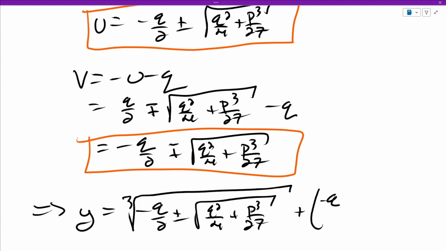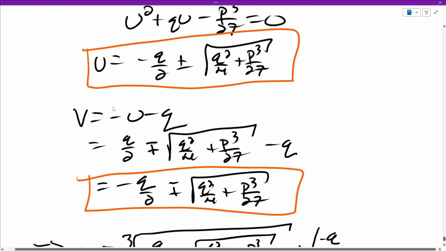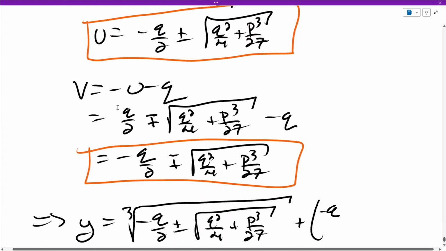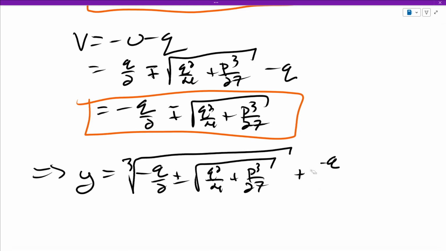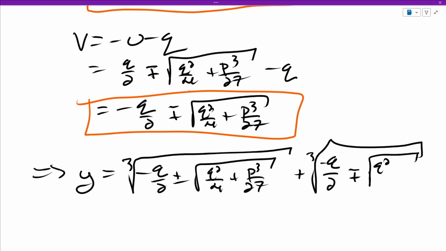Oh shoot, did I mess this up? No, cube root of v, yeah. Now it's important that we have a minus plus here, because v came from u. So whatever choice you made for u, you have to do the opposite choice for v.